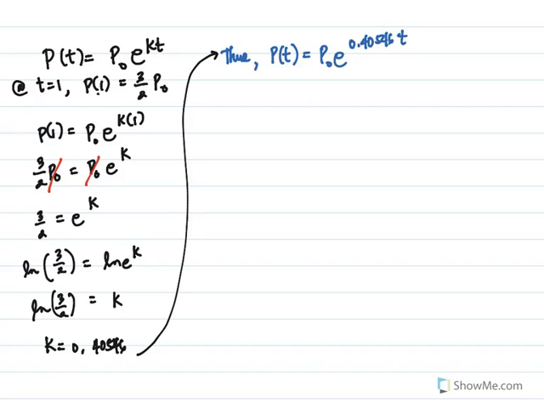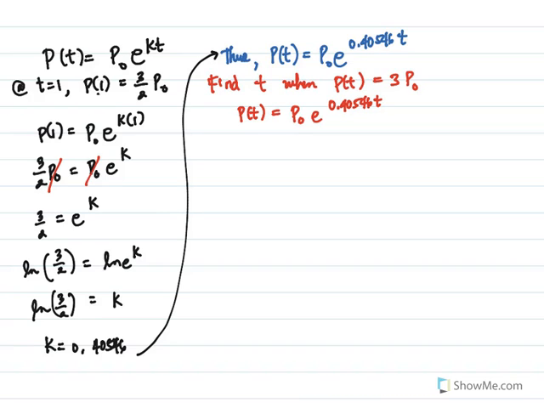So since ang gusto natin is yung time kailan siya magti-triple, you want to find t when P of t is equal to 3 times P naught. So what we do is we substitute this. Okay, so you have from P of t equals P naught e raised to 0.40546 t.